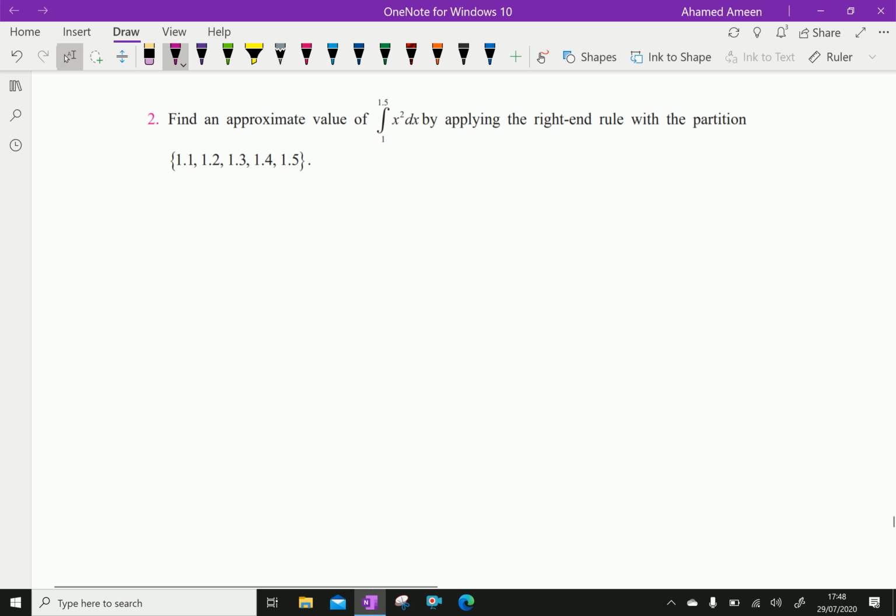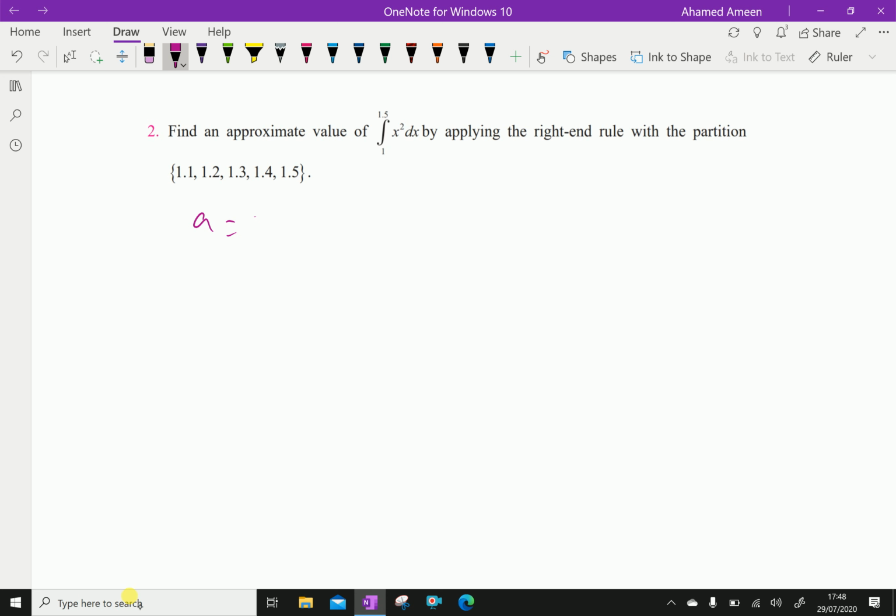Here A is 1 and B is 1.5. Delta x equals (1.5 minus 1) over n, where n is 5, equal to 0.5 over 5, which equals 0.1.